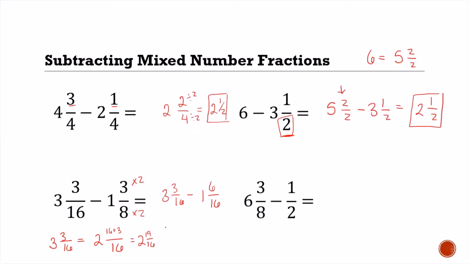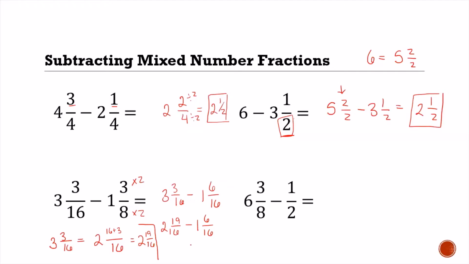And this makes a great in-between step for us. Now I'm just going to section that off so we can plug in numbers here. So 2 and 19/16 minus 1 and 6/16. We can do this question now. 19 minus 6 leaves us with, what did I do for my math here?